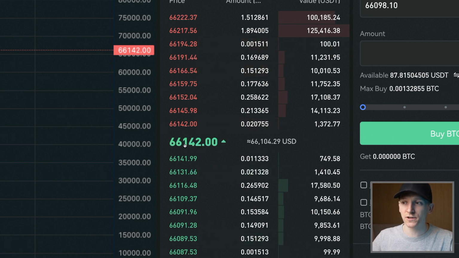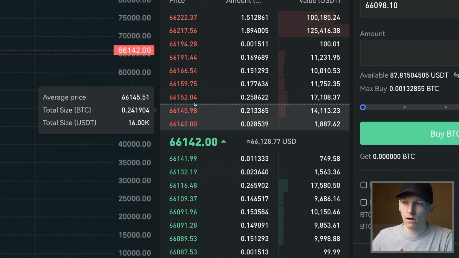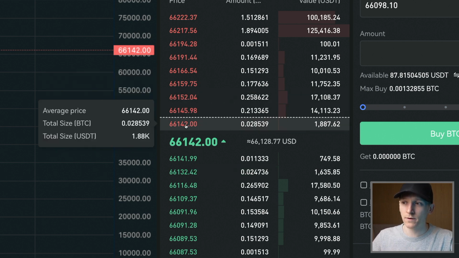When the price changes green, that means that a buyer has come in and lifted the best offer. These are known as offers, or if you're in the States, these are known as asks or the ask. You can see this right here, 142. What's happened is a buyer has come in and was willing to pay 66,142. That's green because obviously a buyer has paid that higher price.